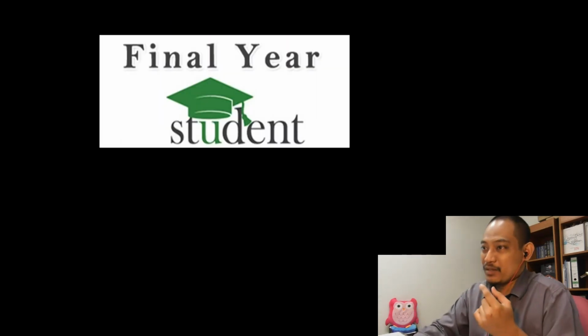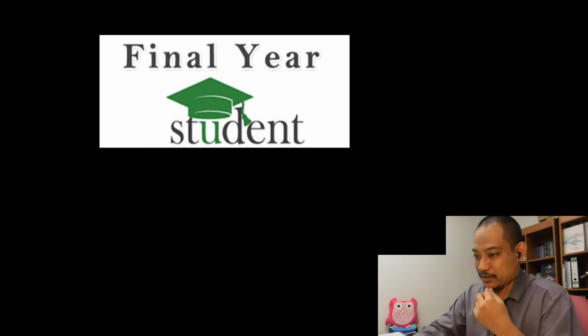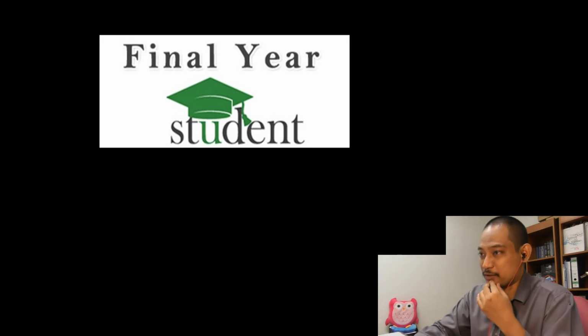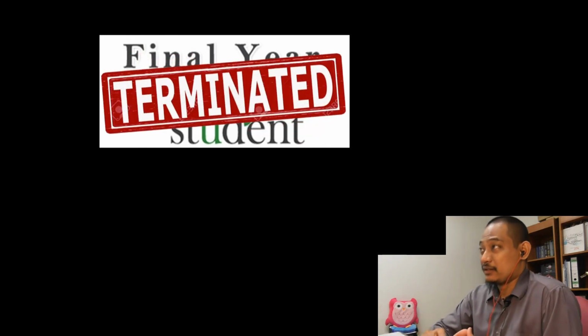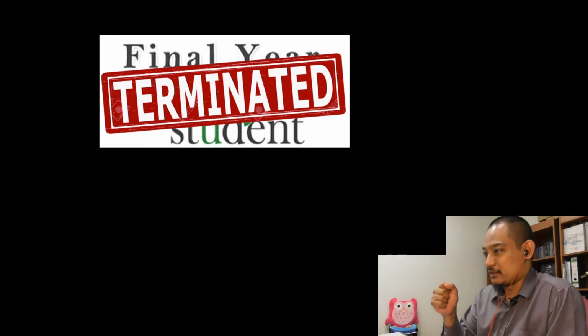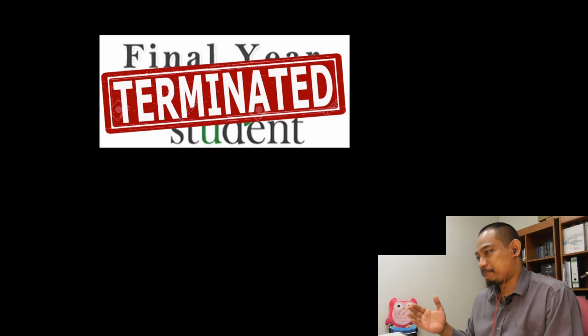So 2 years back, the admin asked the lecturers to remind students of this case that happened to a final year student. One final year student 2 years back was terminated, meaning that he was caught cheating red-handed in the exam hall, and he was already in the final year.